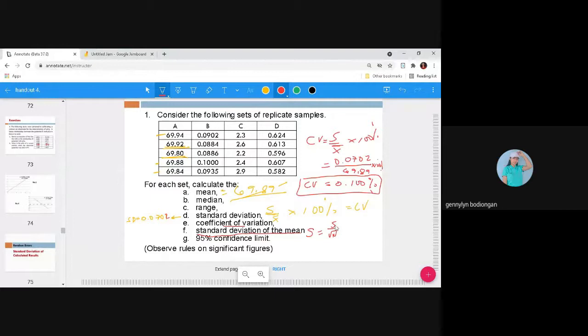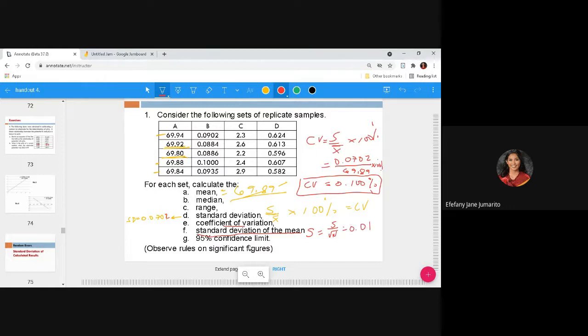Standard deviation, ma'am. Okay, standard deviation. What is the value of standard deviation? That one, 0.0702. Then you divide that with the square root of N. What is the value of N? 5, ma'am. Okay, 5. So, what's the answer? 0.01, ma'am.